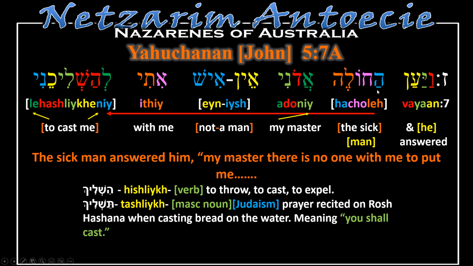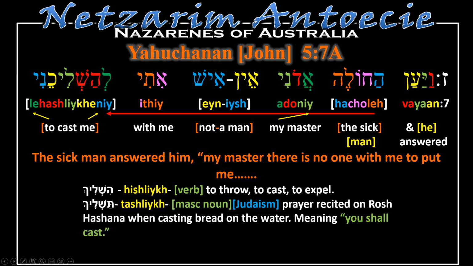And then we have ha chole, meaning the sick, and I've added man, the sick man. And he answered the sick man, Adoni, my master, ayin ish, meaning not a man, iti, with me. So the iti can mean with me.